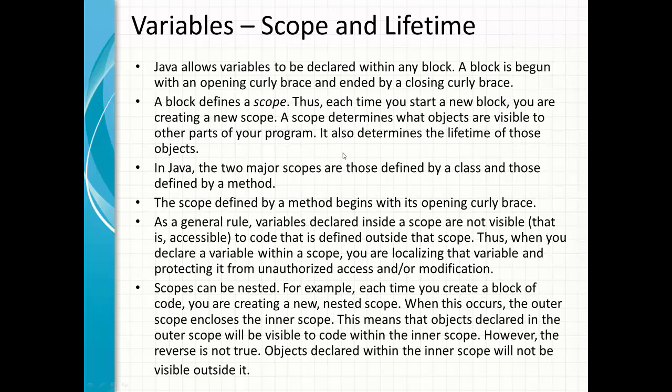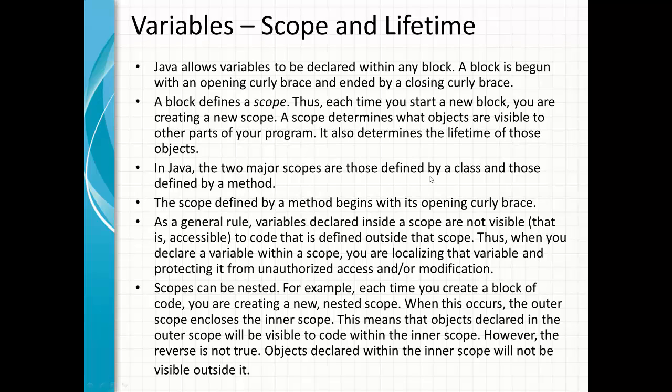Now, a scope determines what objects are visible to other parts of your program. And this is basically the definition of one of the basic principles, hiding data from the outside world, encapsulation. That is what is happening over here also.